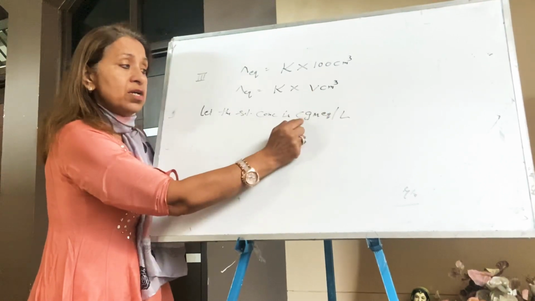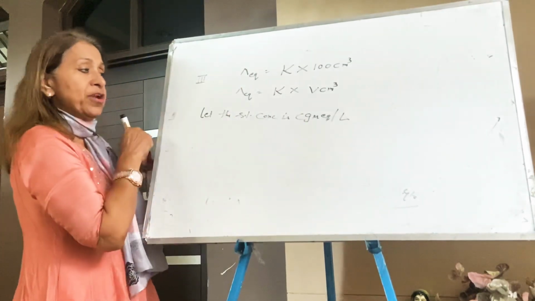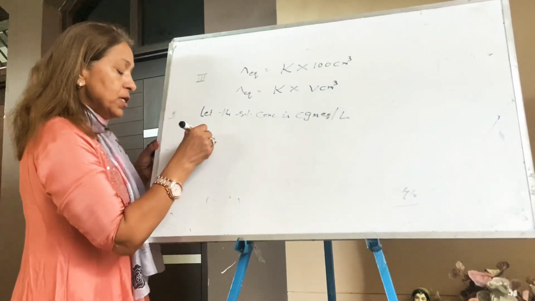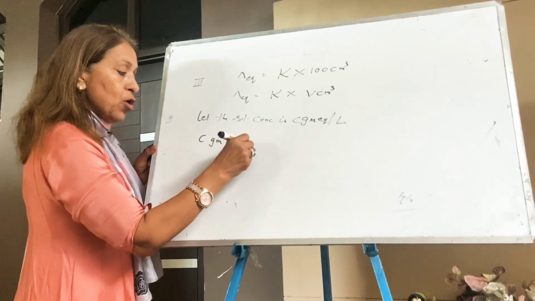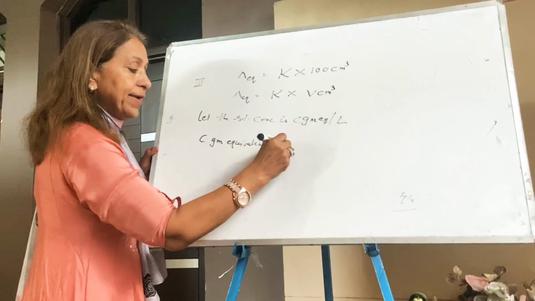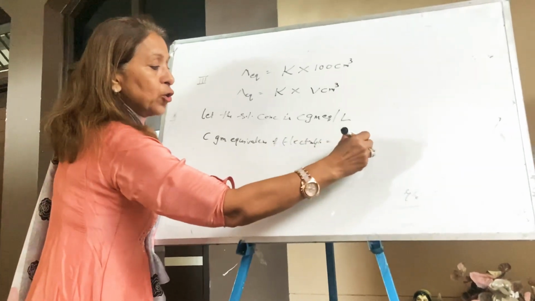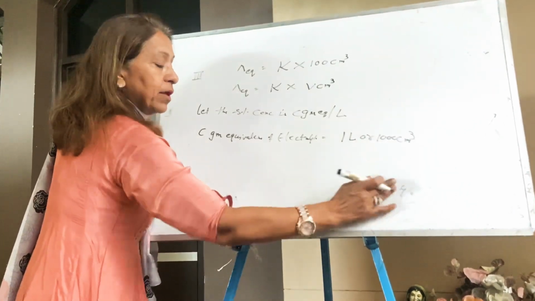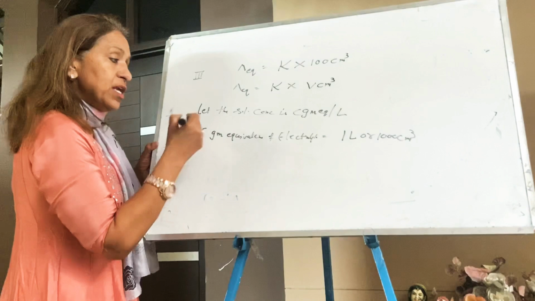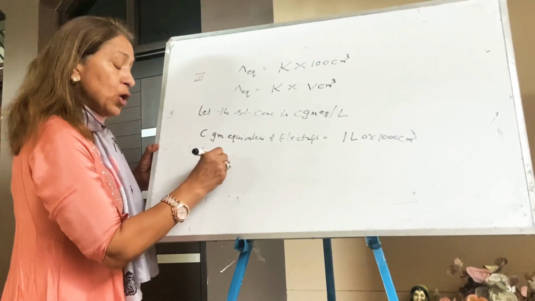And if your solution concentration is not 1 gram equivalent, then what will you do? You will apply the unitary method. Write down: C gram equivalent of electrolyte is equal to 1 liter, or you may write 1000 centimeter cubed, the same thing, 1000 ml. If C gram equivalent is present in 1 liter, then what about 1 gram equivalent?